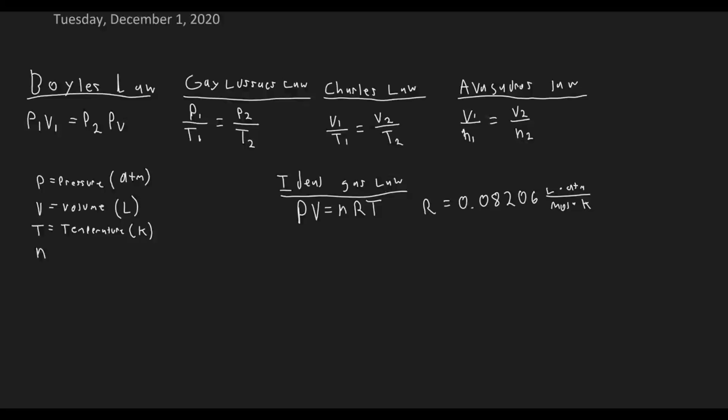And if you're able to bounce between them, there's no real restriction on anything you need to use, as long as you have the ability to convert between. And N is moles. So anytime you see N in any chemical equation, it is almost always going to be moles.